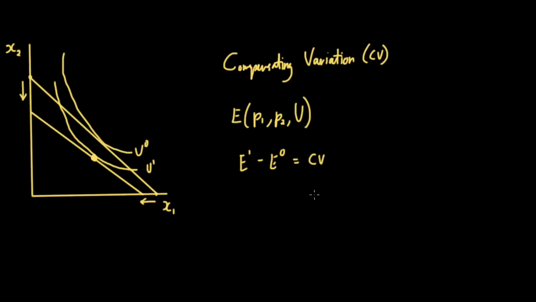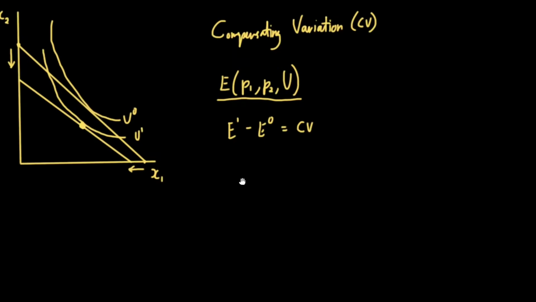They are the new and the old expenditures that the consumer has to make. But how do we calculate this mathematically? How do we find the new expenditure that the consumer has to make? The answer is the expenditure function that we have right here. We simply have to substitute the old prices and the old utility level into E naught.